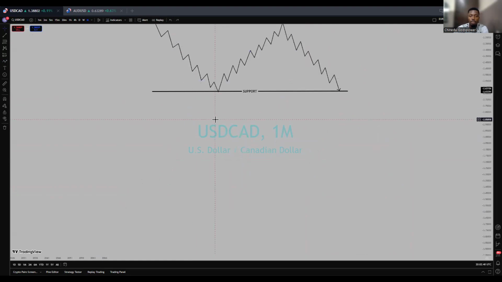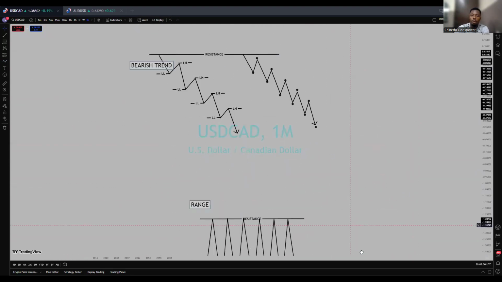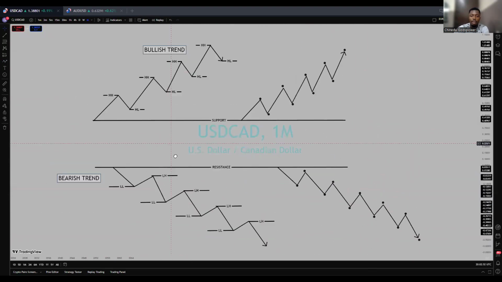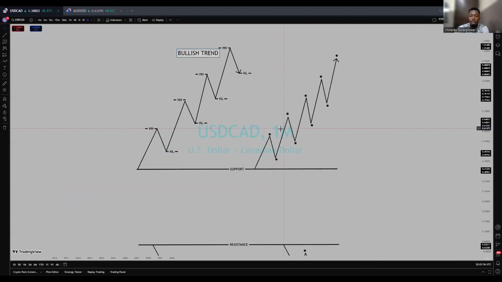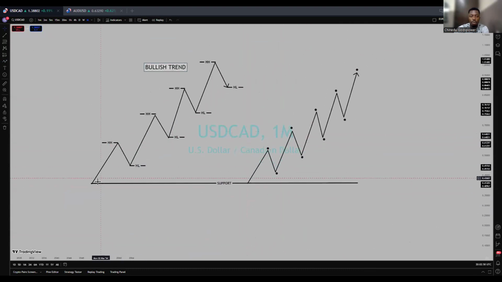Today's note, I don't want it to be too long. This is it. We're able to identify the skeletal structure for technical analysis, the bullish trend, when price creates a higher high and a higher low.